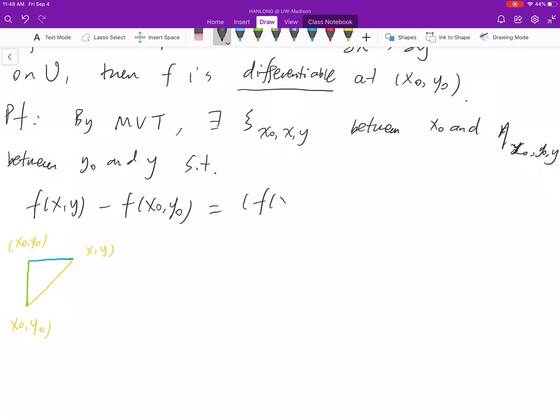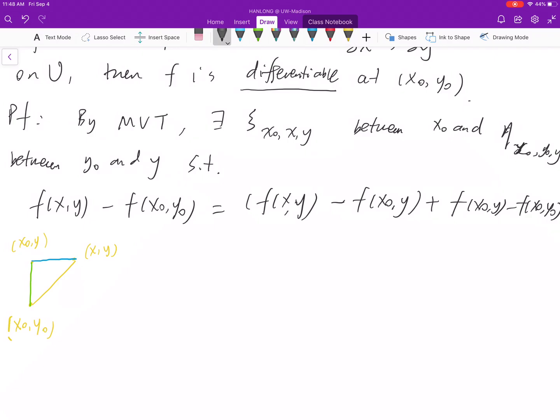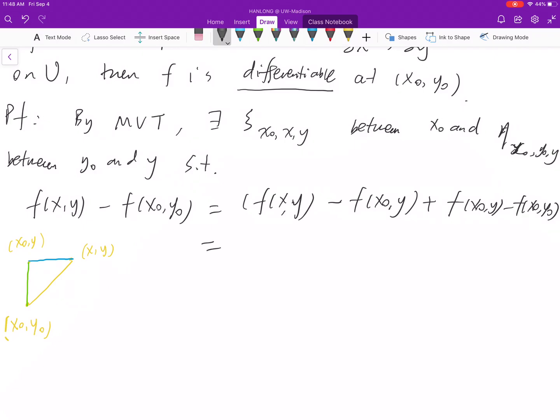This is f(x,y) minus f(x0,y), plus f(x0,y) minus f(x0,y0). Okay, then you have two parts, and for each part you apply the mean value theorem.